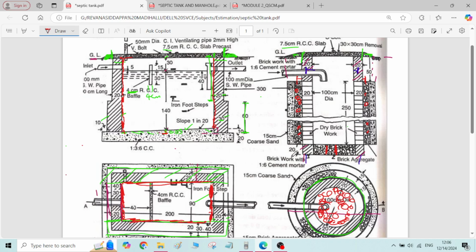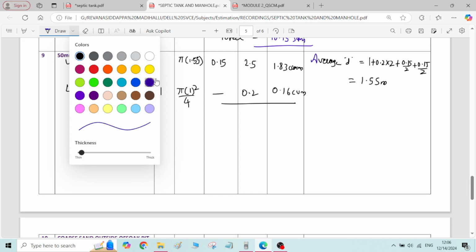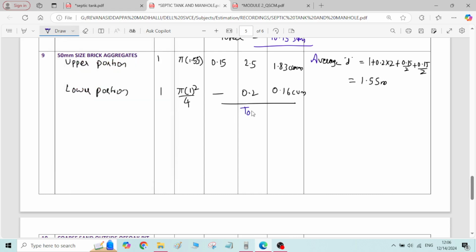Height is 20 centimeter, 0.2. Multiplying, you will get the answer as 0.16 cubic meter. Okay, 0.16 cubic meter. Now calculate the total quantity. Total quantity will be equal to 1.98 cubic meter.